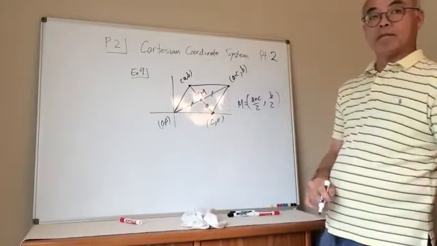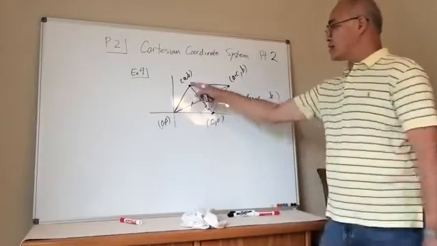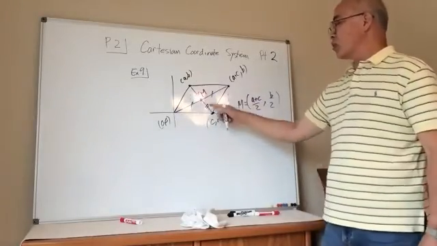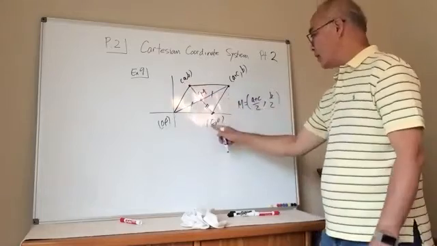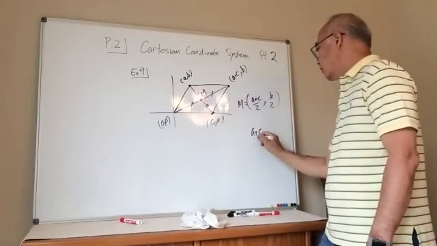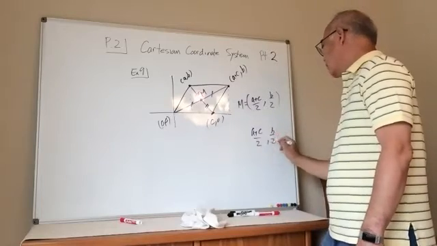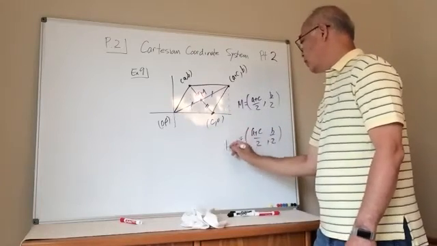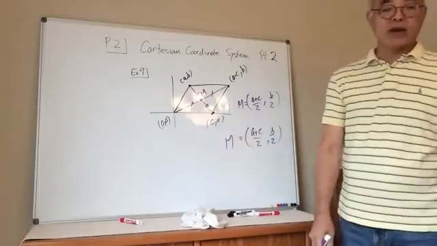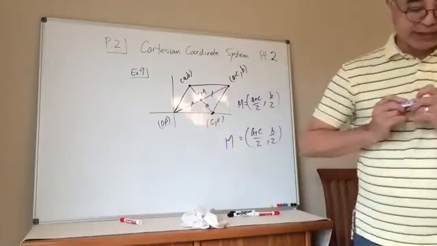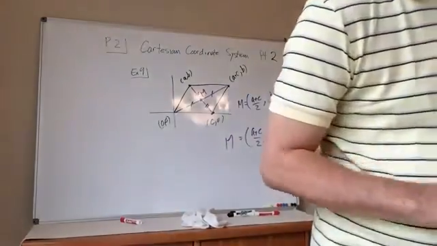If I look at this as the midpoint of these two, what do I get? I get A plus C divided by 2, and 0 plus B divided by 2. Lo and behold, they are the same point. Okay, so that's our proof there.